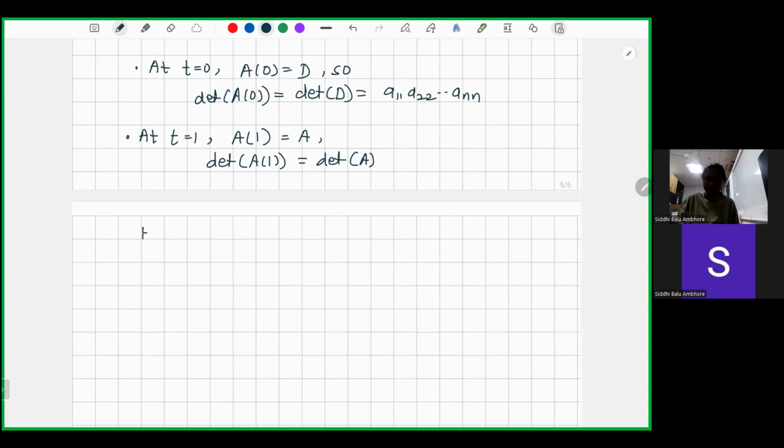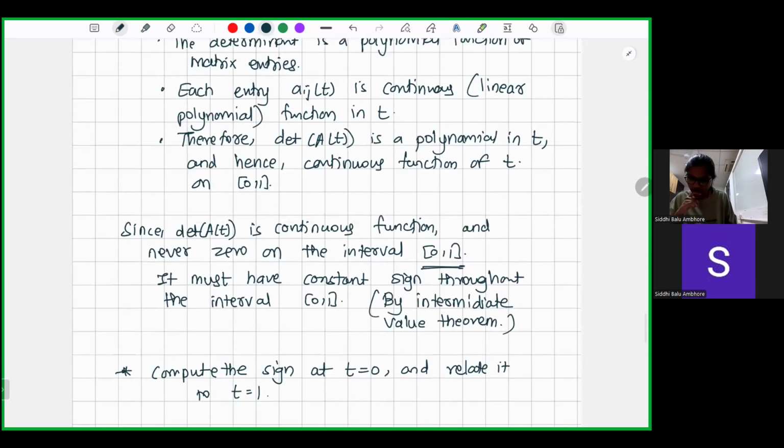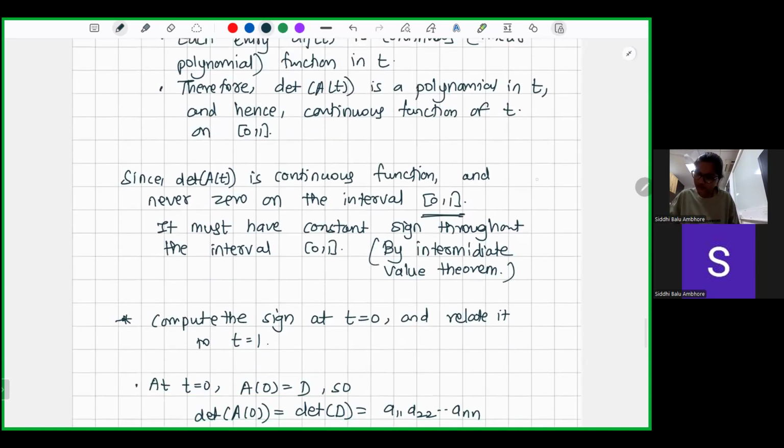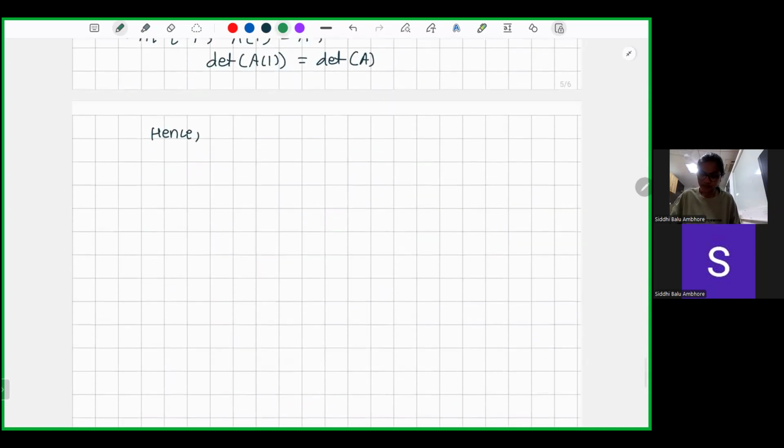So hence, I'll call this one this green star.